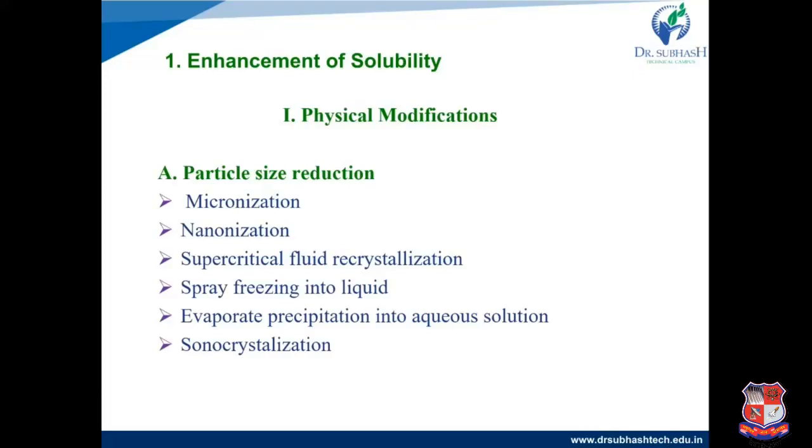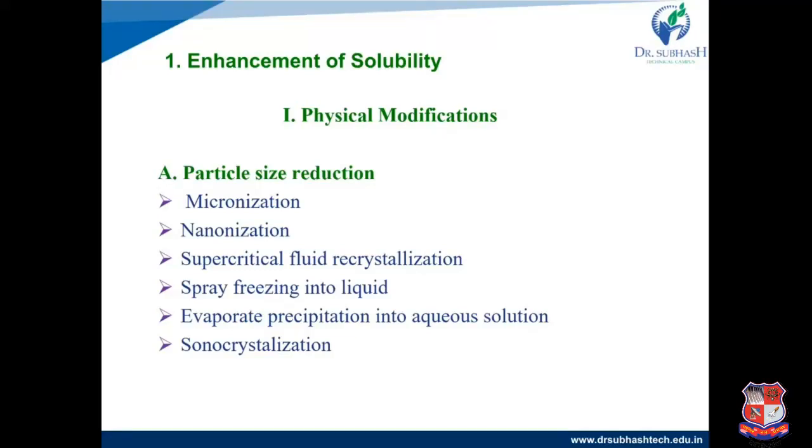When we reduce the particle size, that increases the surface area, and if we increase the surface area, it increases the dissolution rate or solubility of that drug. We can reduce the particle size up to 1 to 10 micrometers. Micronization is done by milling techniques, for example fluid energy mill and jet mill.